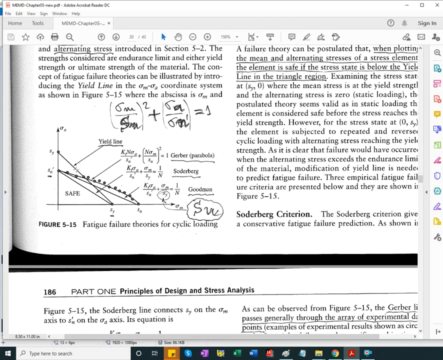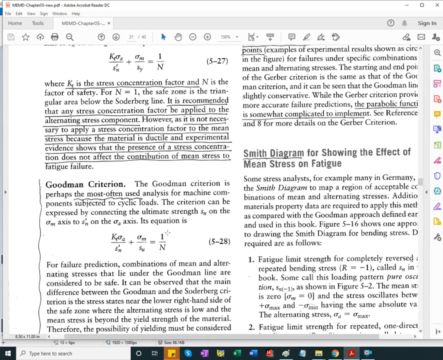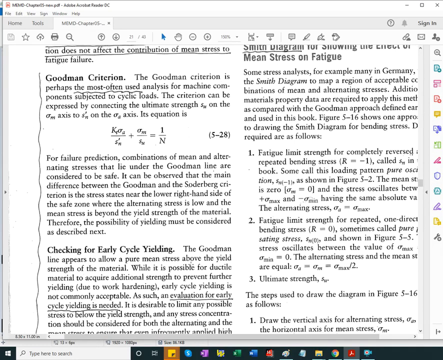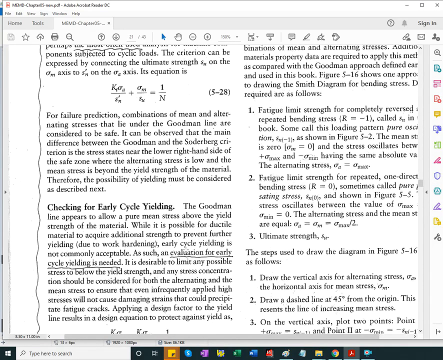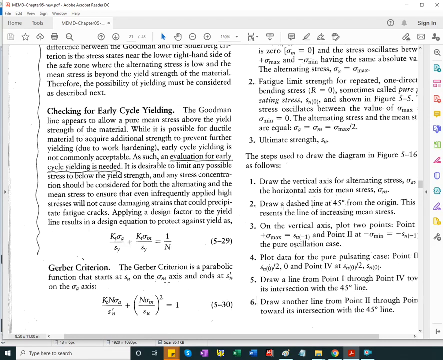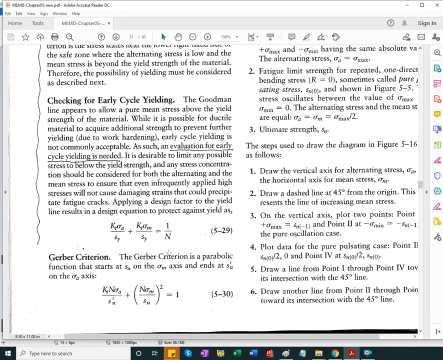It can intersect the yield line first and the Goodman line second, or vice versa. So you need to calculate the design factor for both cases, intersection with the Goodman line and intersection with the yield line, and of course report the smallest of the two.